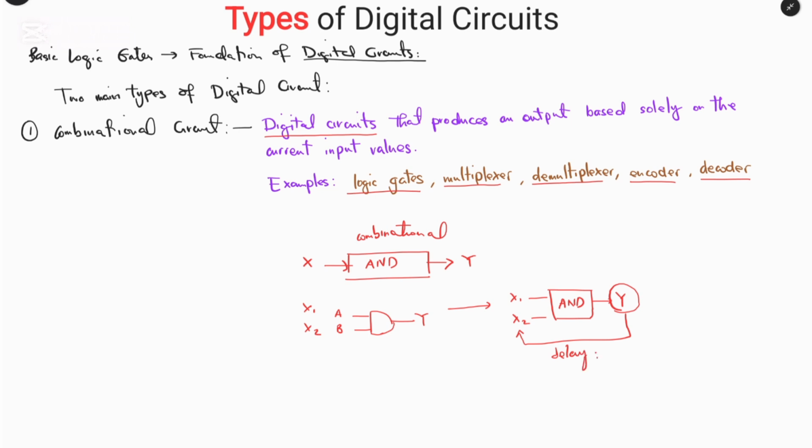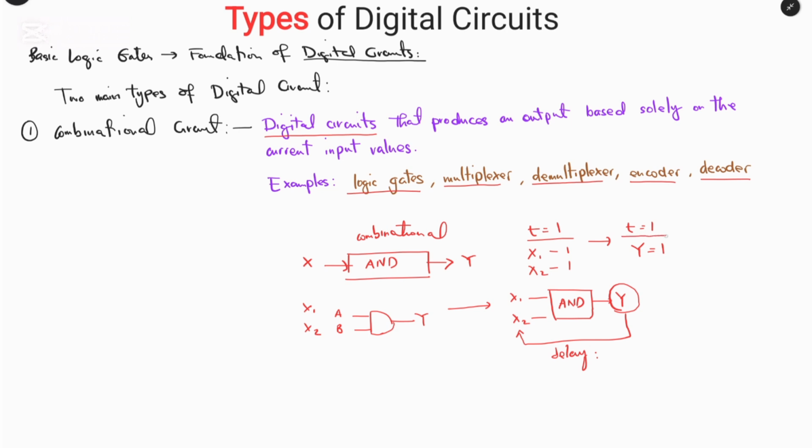When I say delay, that means at time t equals 1, if x1 and x2 have a value of 1 and 1, then at that same instant, where t equals 1, the output y will be 1.